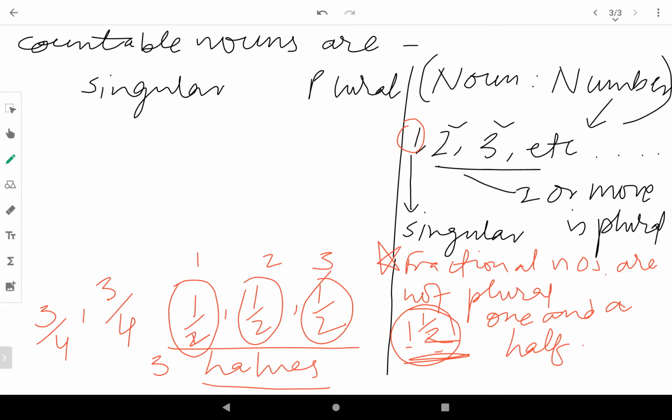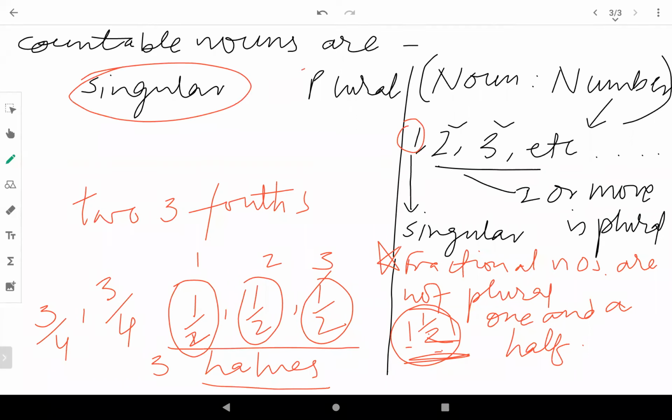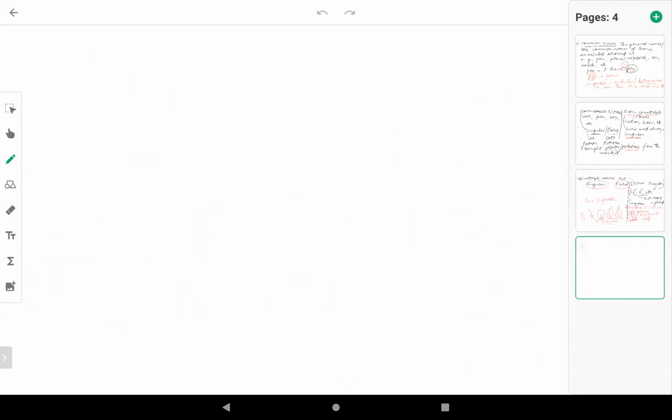You can say two three-fourths. So you have to keep these in your mind. Now look, we go back to the idea of singular and plural. So moving on to the next page.